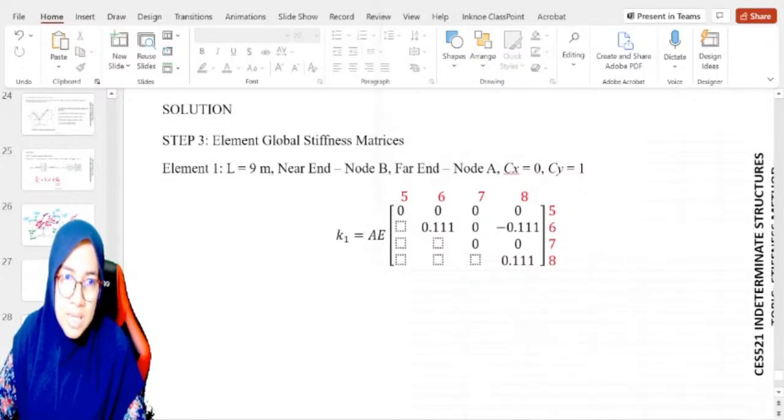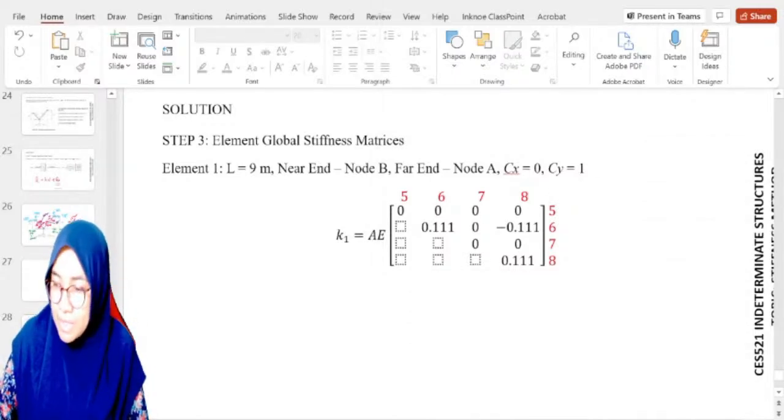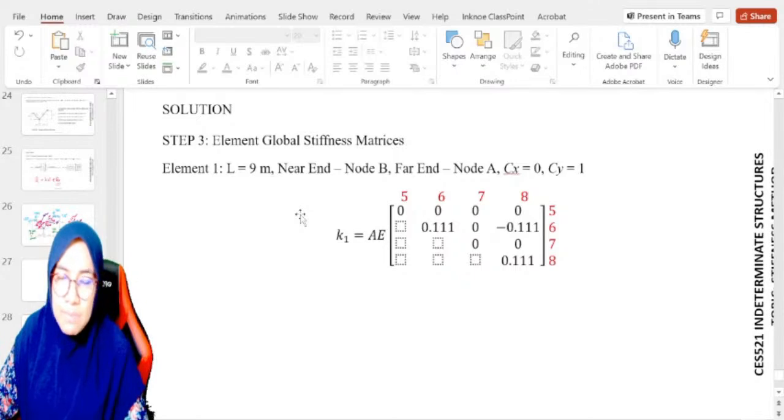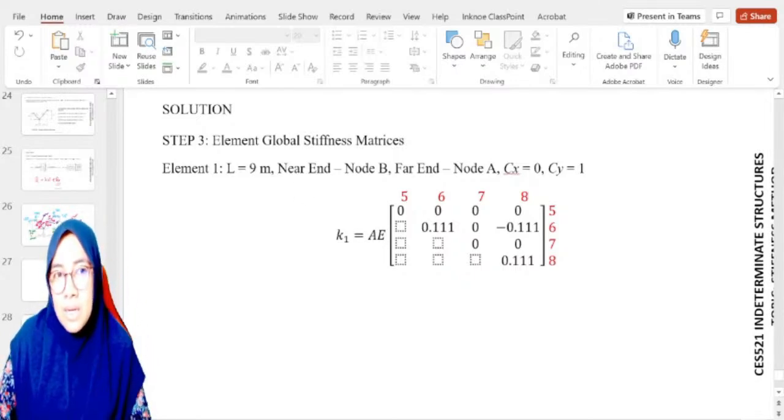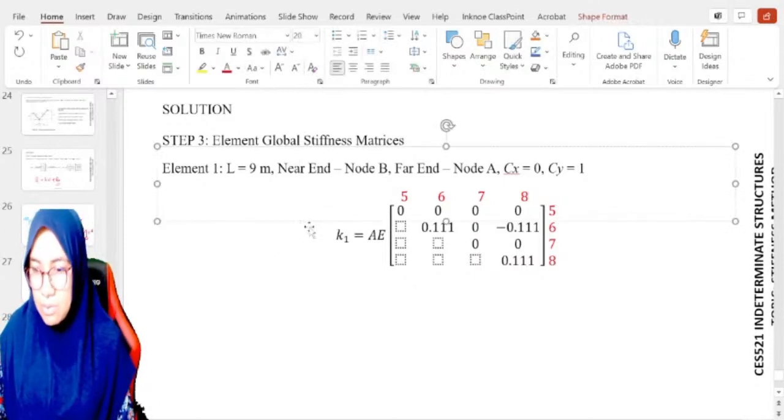So this is the stiffness matrix for element number 1, K1. We will do the same thing for the other four elements, so I copy this.